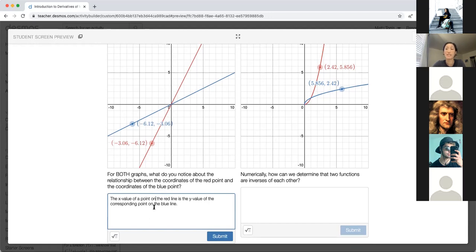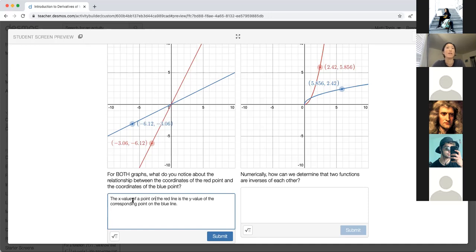So something like this, I think, is us being really specific in our language, that we're not just saying flip or switch, but we're really showing a very clear understanding of what's changing versus what might be staying the same, okay?